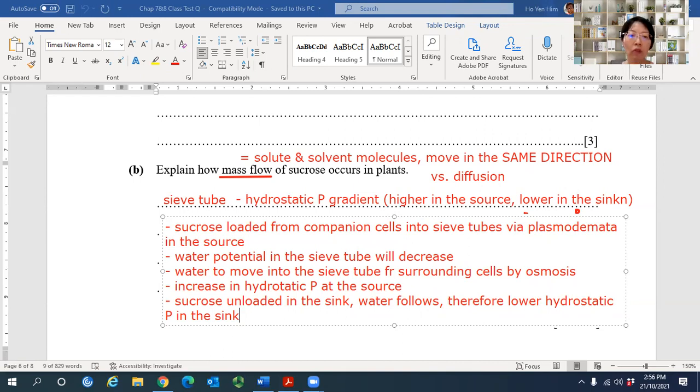If you tell me a lot of story about the loading of sucrose into the companion cell, the maximum mark you can get is under AVP, which is actually 1 mark only, because it's too far away from what the question is asking for.